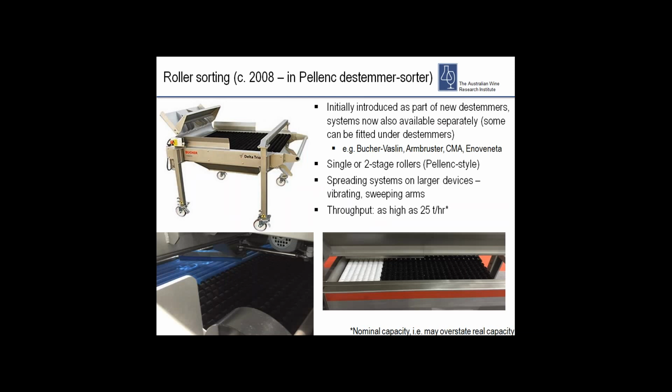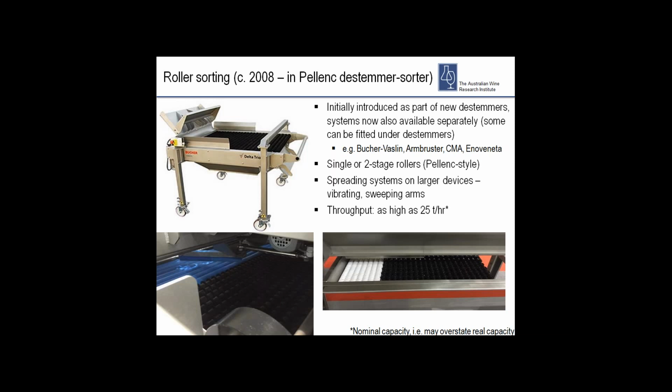There's lots of different models around, but sometimes they just have a single stage of rollers that all the grapes, juice and smalls fall between, and sometimes they have 2 stages of rollers, with the first being closely spaced and allowing for separate juice and smalls removal. I guess a bit like the 2 stages in the Palenque destemmer sorter, and as shown bottom right here for an Innovita roller sorter.